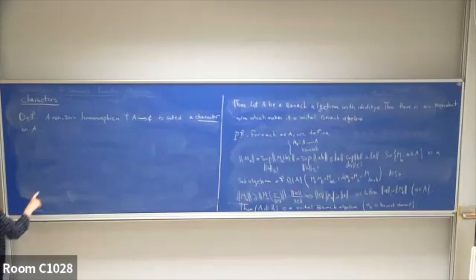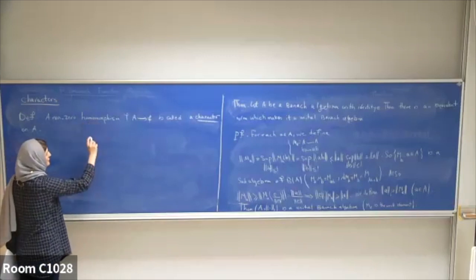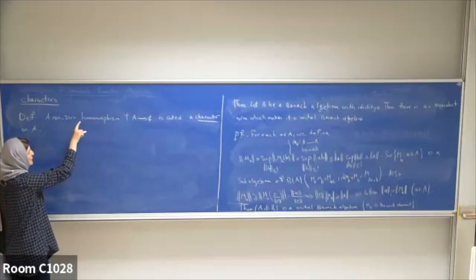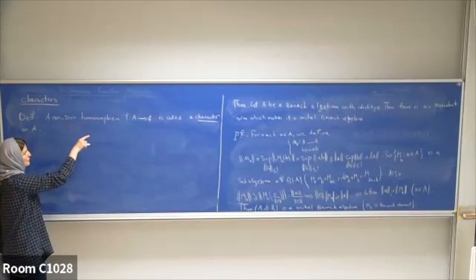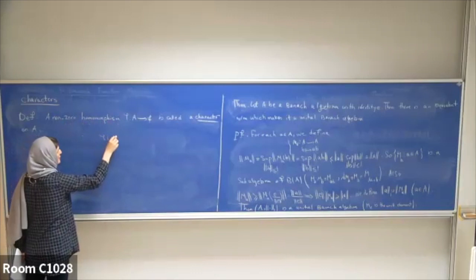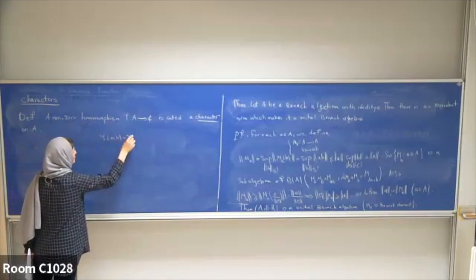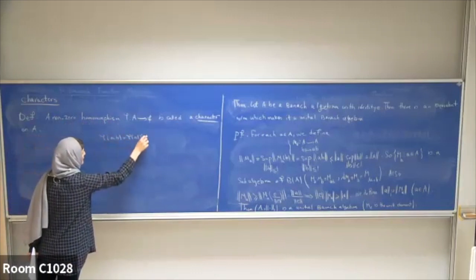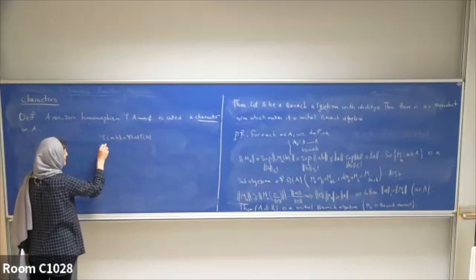So each character is a non-zero linear functional which preserves multiplication. I mean that phi of AB is equal to phi of A times phi of B. And of course, because it's a linear functional, we have this.